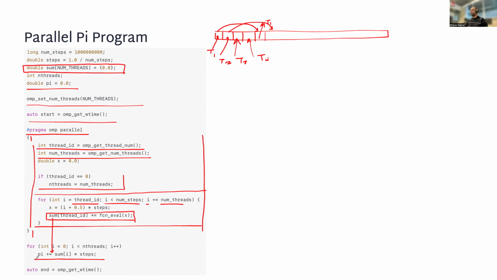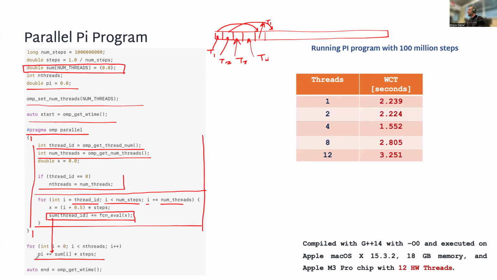All right. So here is a benchmark with 100 million steps, the number of steps for the integral. And the results are somewhat interesting. If I use one thread, I will spend about 2 seconds. But if I use 2 threads, I spend 2 seconds, roughly.